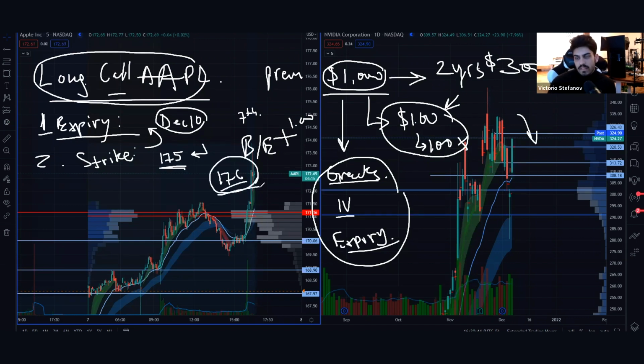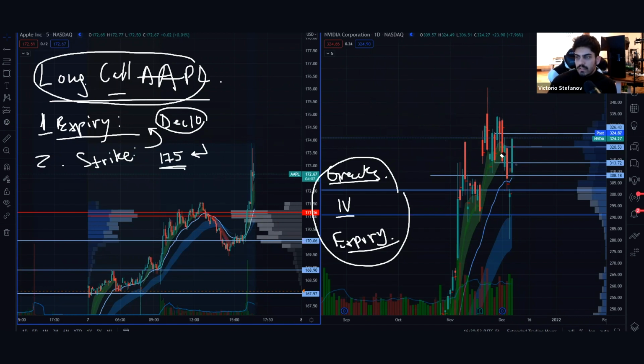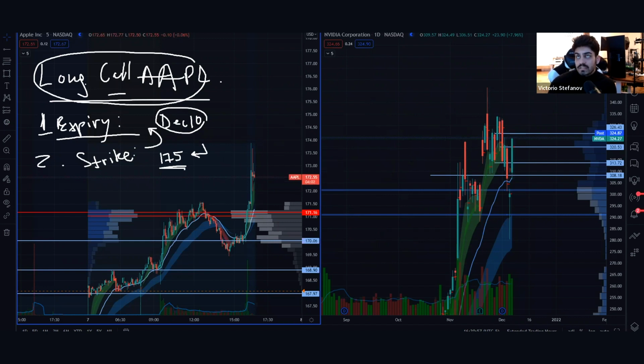Now, the thing with this is I can make money, right, before the actual expiration, right? As long as Apple increases in price. Think of it this way. If the value of something increases, right, you're willing to pay more for it. So the closer we get to 175, right, now, let's say we bought it before the close at 170, right?